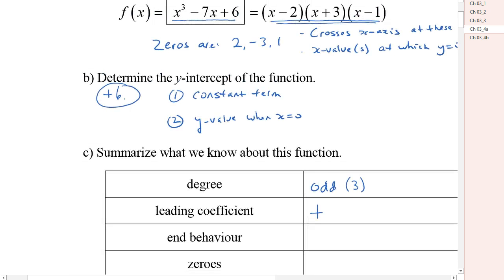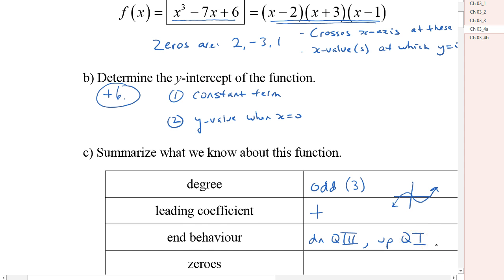The end behavior. Well, looking at these two, if it's odd and it's positive, this is a possibility for the shape. It is definitely going to be going, maybe I'll start from the left, down in quadrant number 3 and up in quadrant number 1.